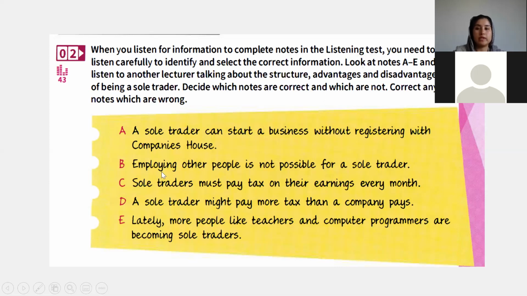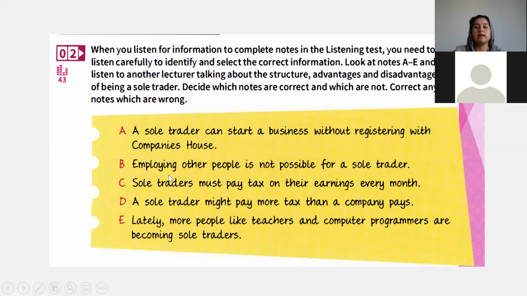But before that, we have to read this to have an idea of what these are and see what the keywords are. So A says a sole trader can start a business without registering with Companies House. So a sole trader is a keyword, start is a keyword, business without registering with Companies House are also keywords.